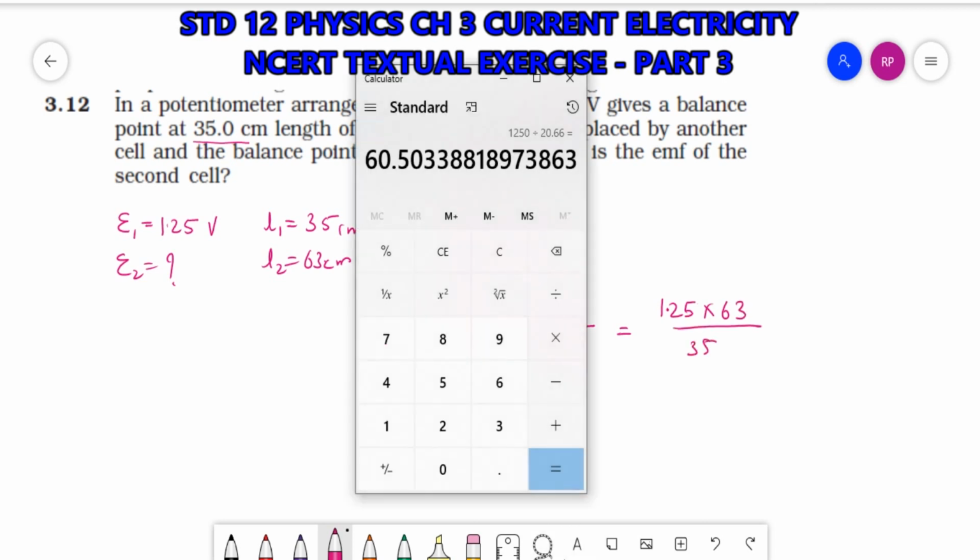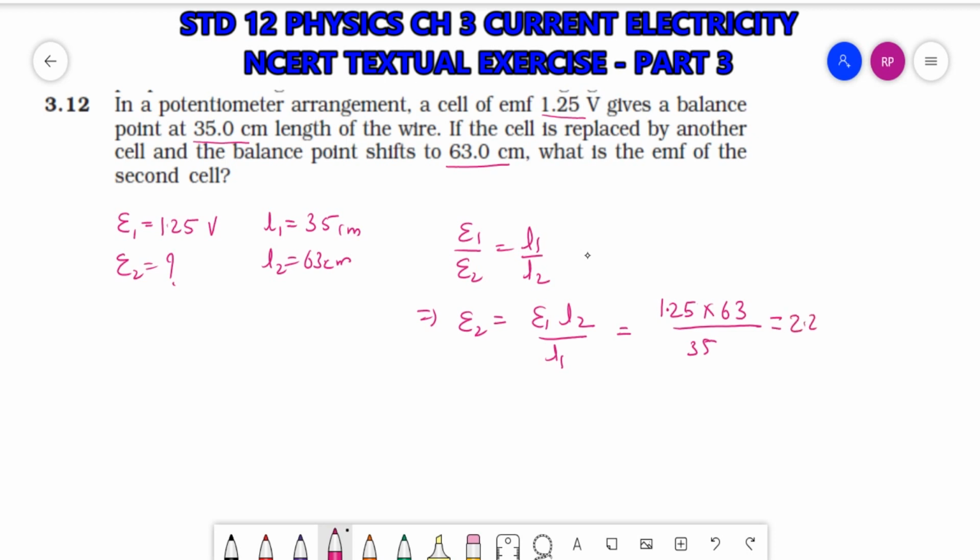Let's calculate. 1.25 into 63 divided by 35 is 2.25 volt. So the EMF of the second battery is 2.25 volt. So this was about 3.12. Just note it down.